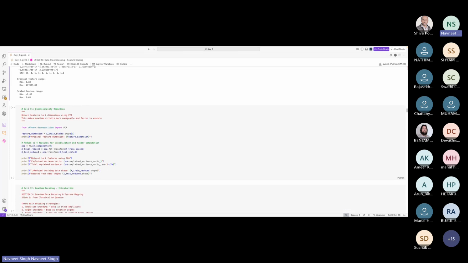Then, this is a very important step. We are using dimensionality reduction, because whatever quantum computers we have right now do not have large numbers of qubits. For example, I'm talking here about a tabular data set. If your tabular data set has 1 million columns of data, we cannot put that into quantum computers, because first of all, we do not have quantum computers with that number of qubits.